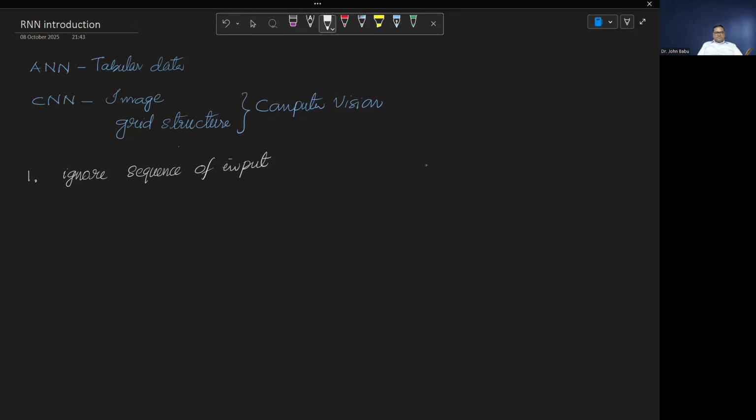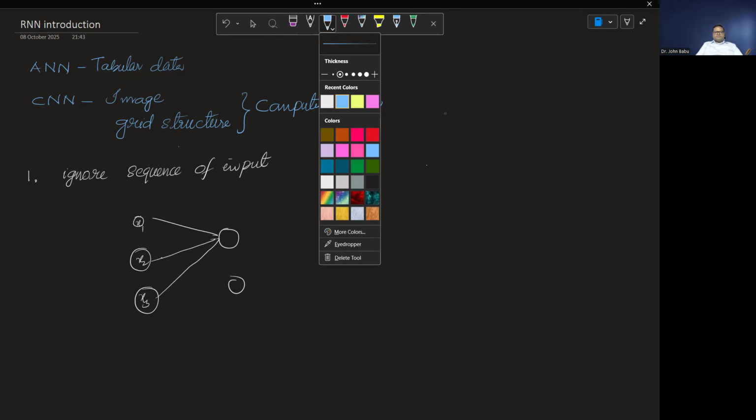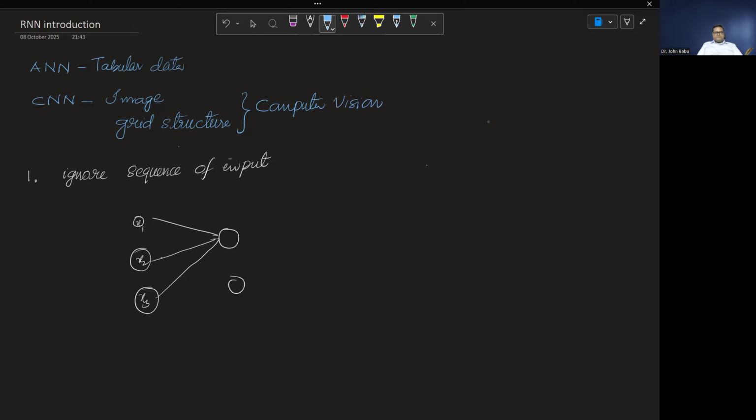So when you have such features x1, x2, x3, and they are fed to hidden layers, let us say, with one set of weights and another set of weights here.